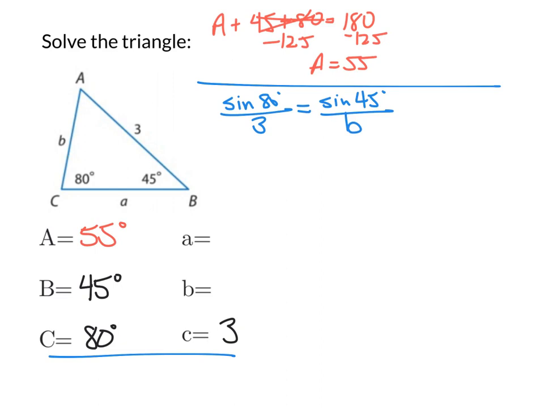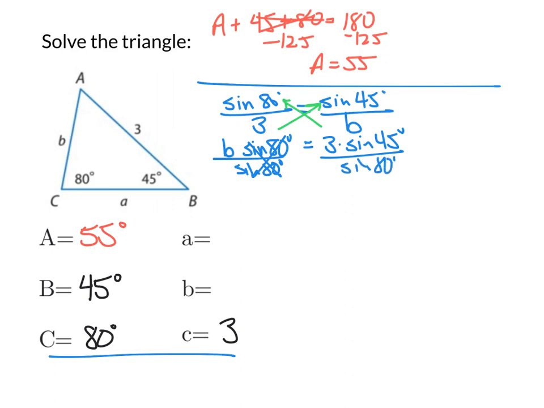And when I'm looking at this equation, I got one fraction equal to another fraction. This is a proportion, and we solve them by cross multiplying. So B times the sine of 80 is just B sine of 80. And over here we'll have 3 times the sine of 45. To finish this off and get B all alone, we have to divide both sides by the sine of 80 degrees.